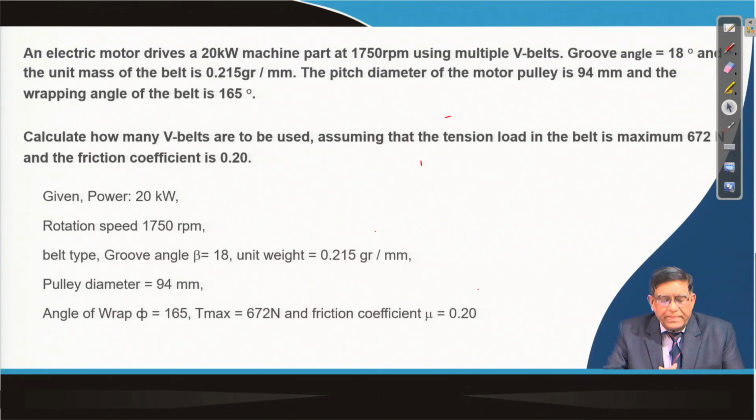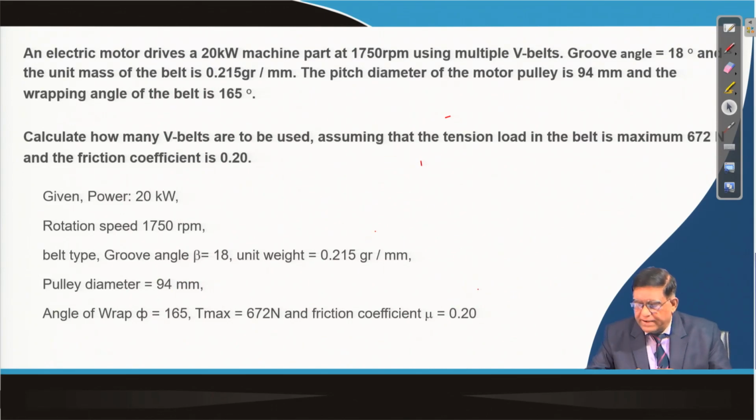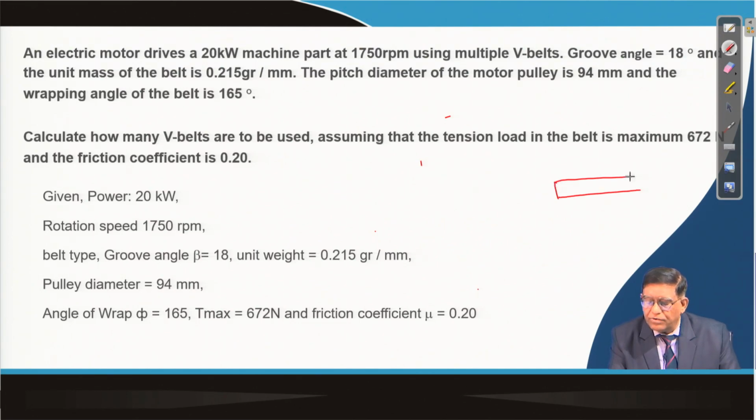Now, one thing you need to know here is that a V belt is a different type of belt. Normally the belt has this cross section. When it is a V belt, there will be a groove, and the belt cross section is of this type.